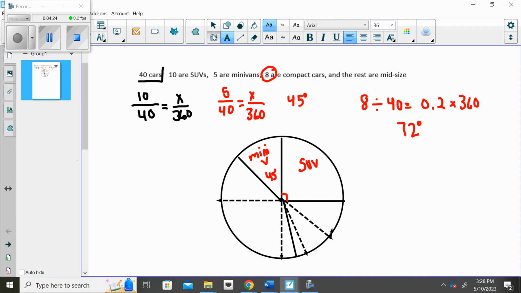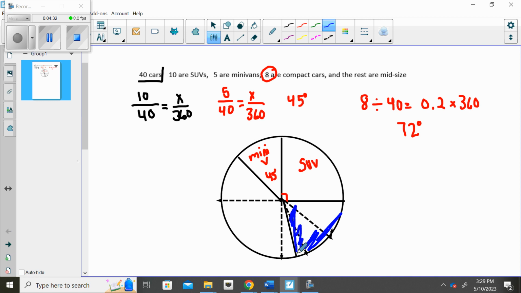And again, since we have to ignore these lines used to help us, I'm going to color that in blue. Color that region in, ignoring the lines I used to help me measure, and this is 72 degrees, which is compact.